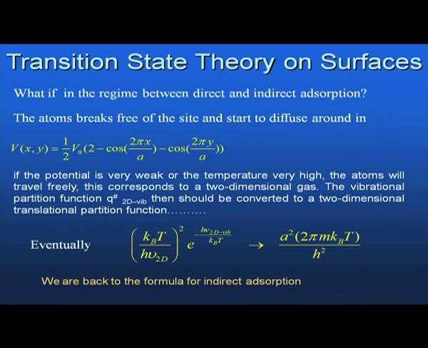Temperature high means kBT is much greater than h nu. So, they will have the option to move around the surface here and there in 2 dimensions.